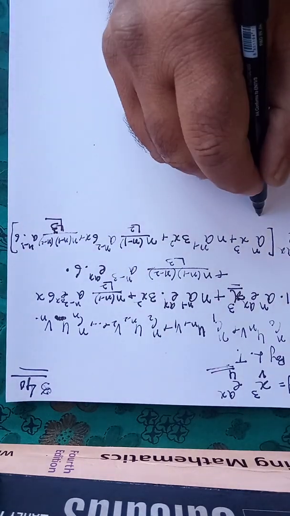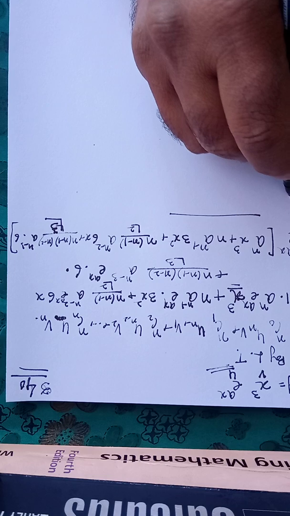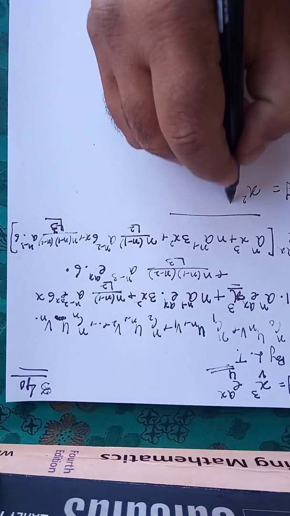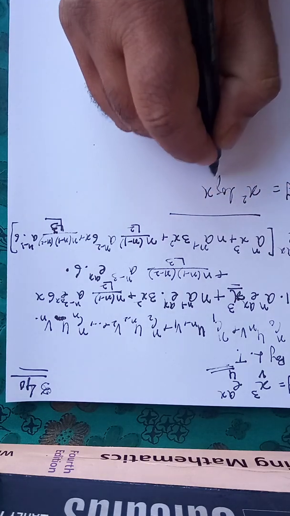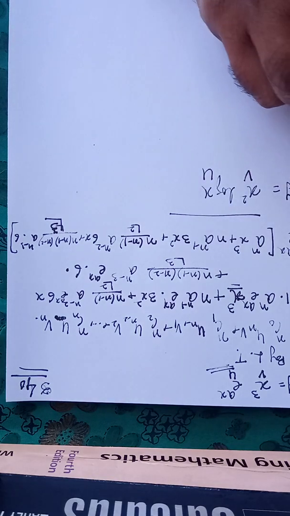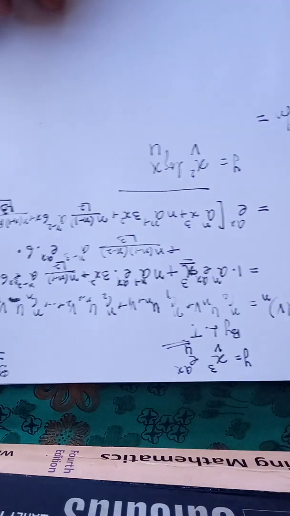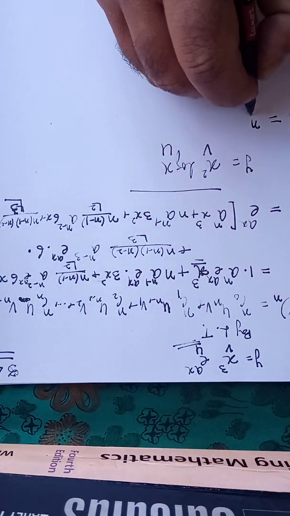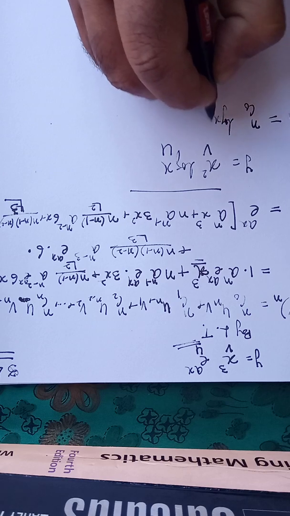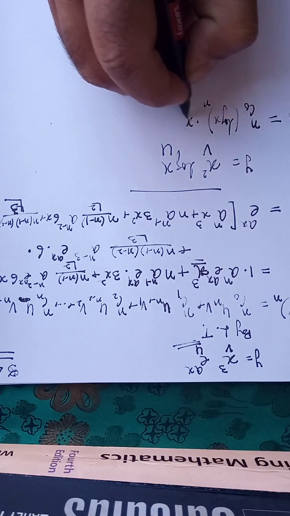Fine. Another question. Let me take y equal to x square log x. Say this is u and this is v. What is the nth derivative? This can be written as yn also. Yn is nC0 times the nth derivative of log x and x square as it is.